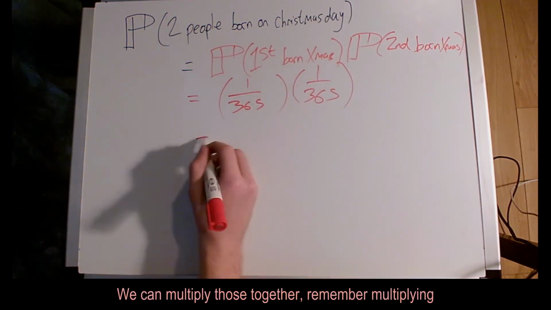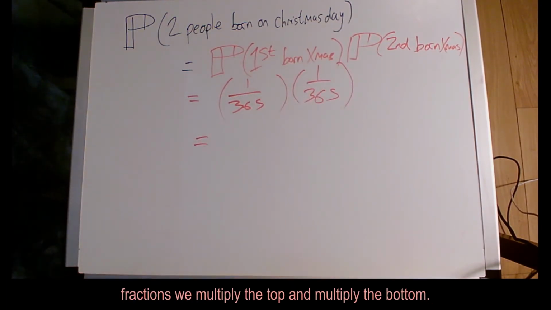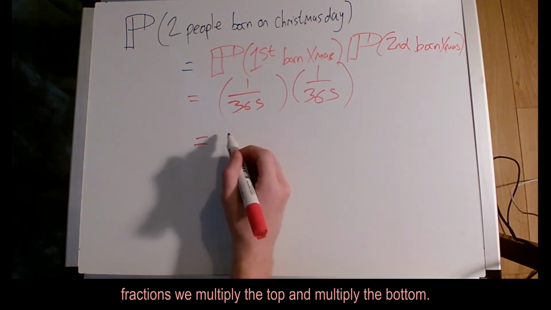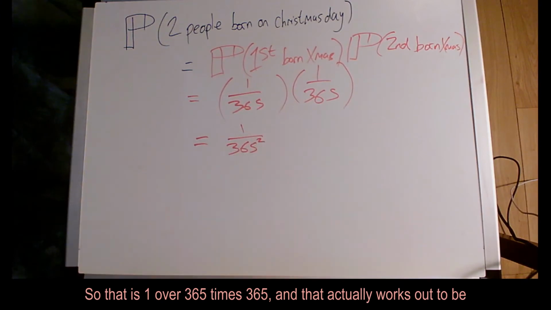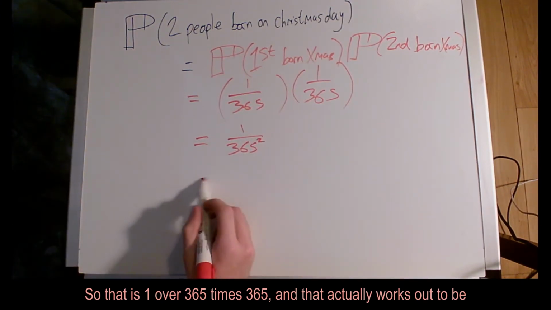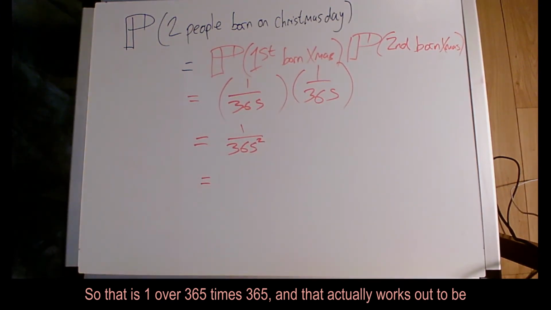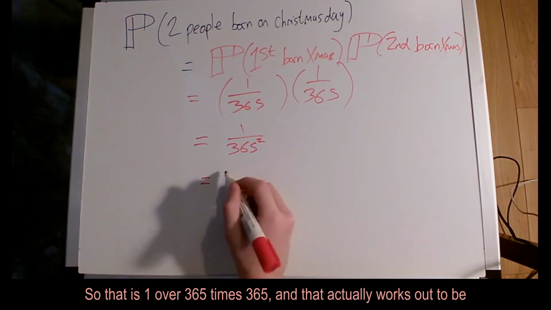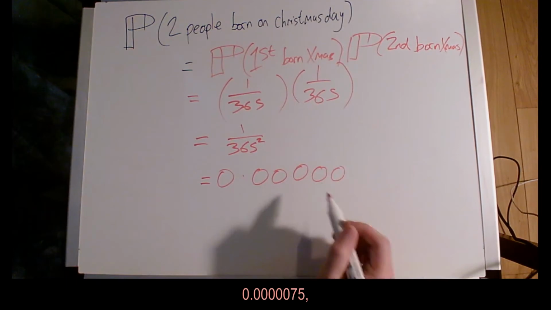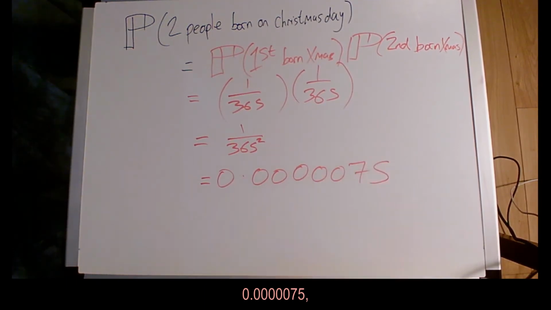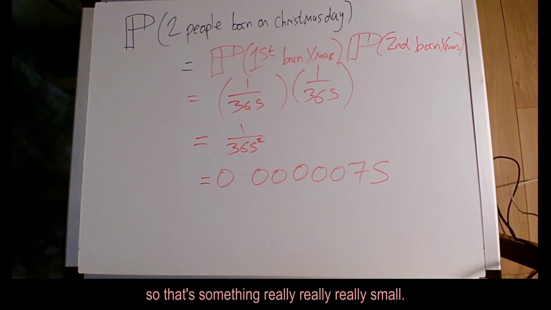We can multiply those together. Remember, multiplying fractions, we multiply the top and multiply the bottom. So that is 1 over 365 times 365. And that actually works out to be 0.0000075. So that's something really, really, really small.